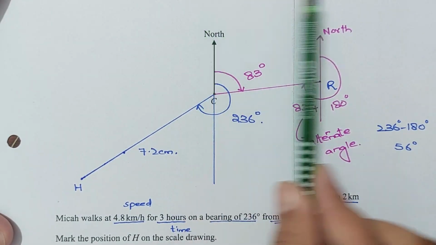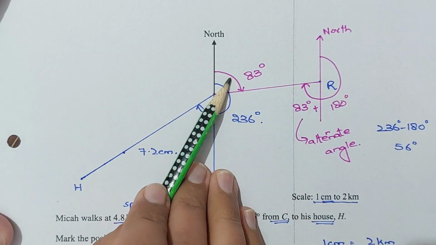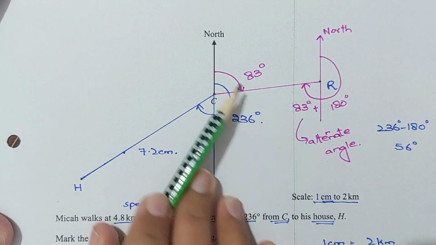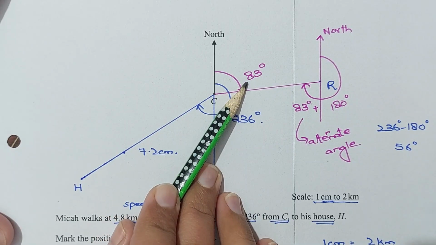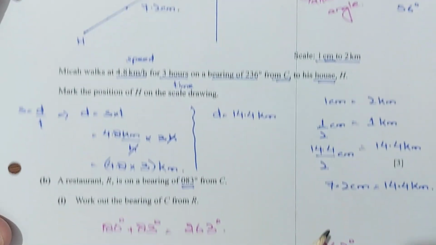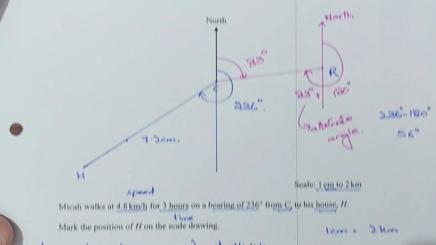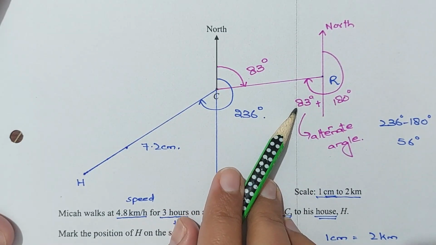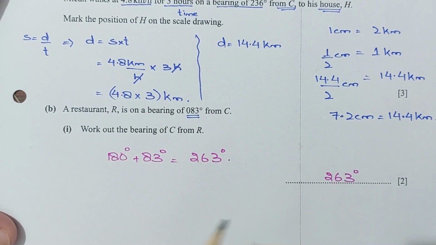As we know, these two are parallel lines, so this angle and this angle are the same. Why? Because they are alternate angles. This is 83, which is already given in part B. So this angle is also 83. So in 180, if we add 83, you can see this equals 263, and that is the bearing of C from R.